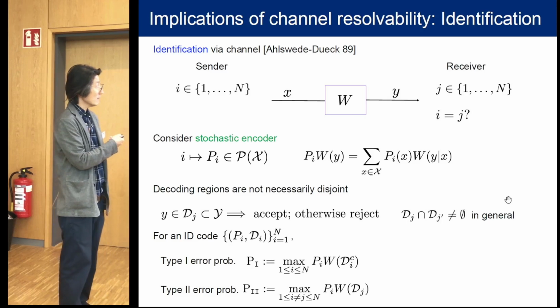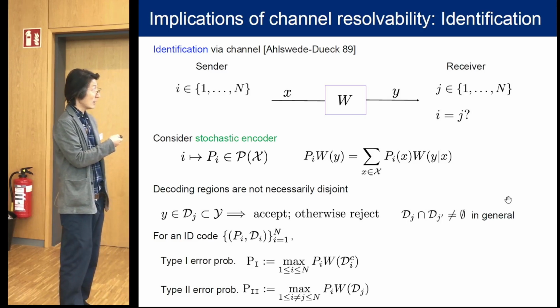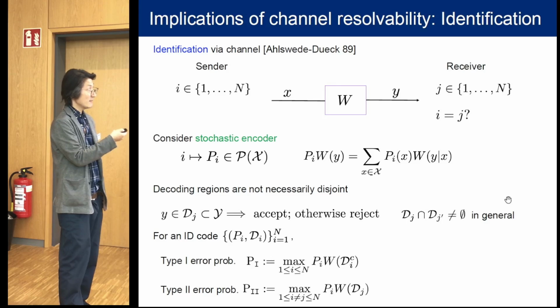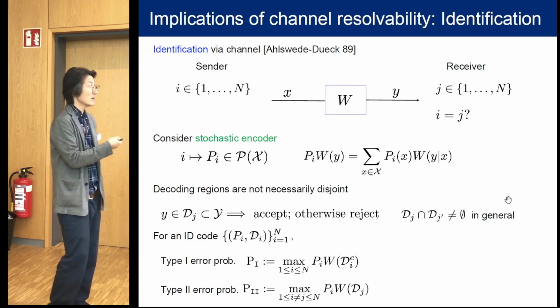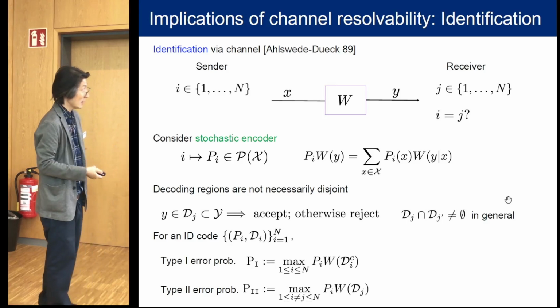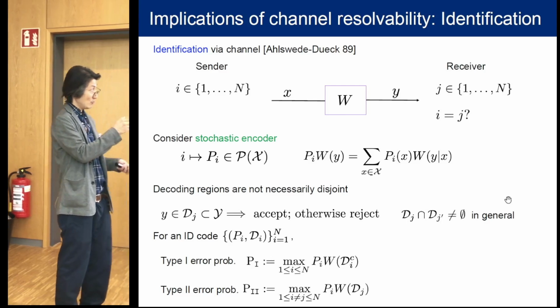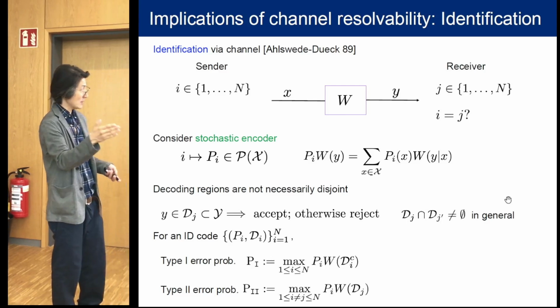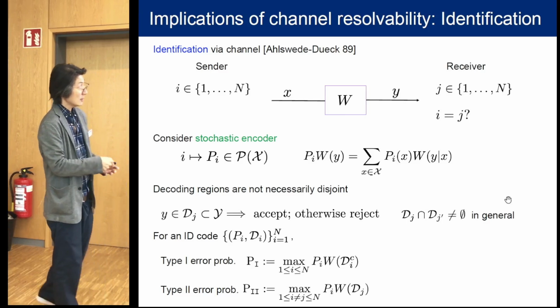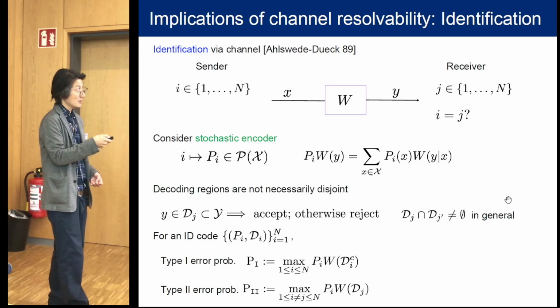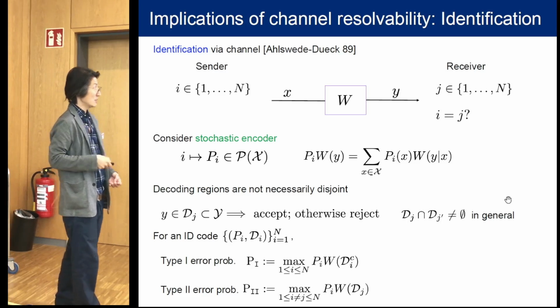And for received signal, if received signal is included in acceptance region DJ, the receiver accepts as I and J coincide. Otherwise, the receiver rejects. And so this is like a hypothesis testing problem. So we have multiple hypotheses, and the receiver decides hypothesis through noisy channel.